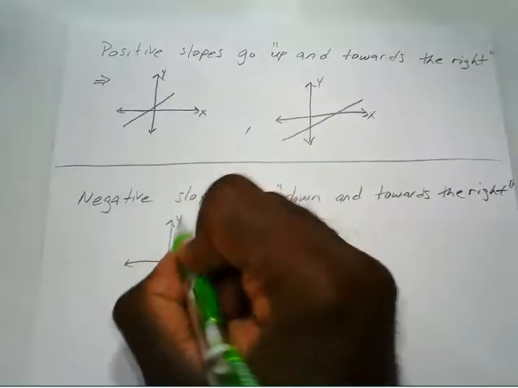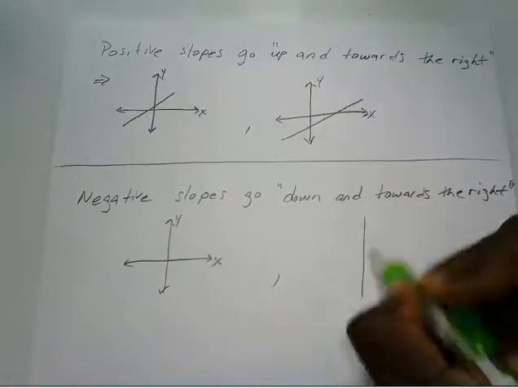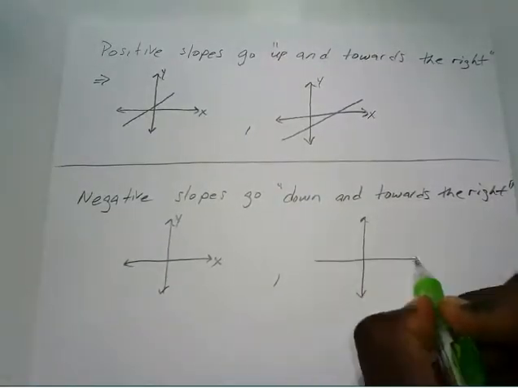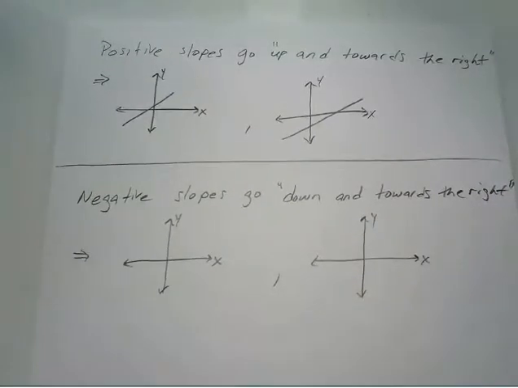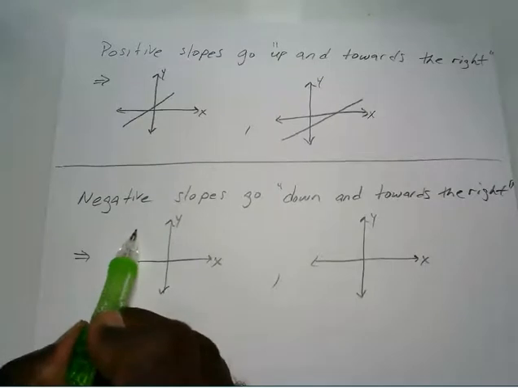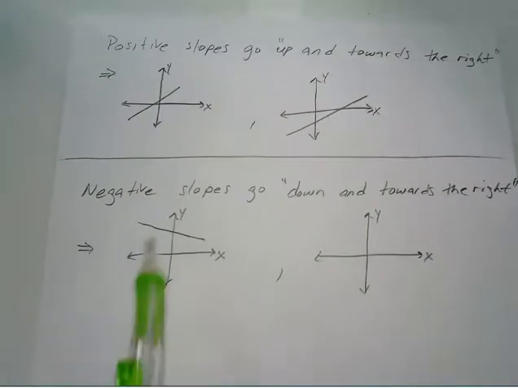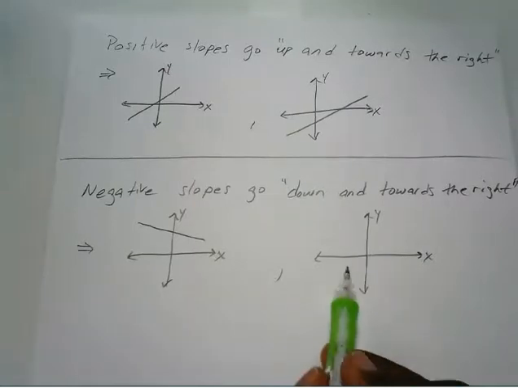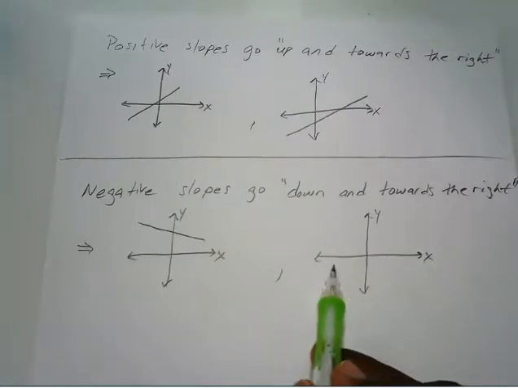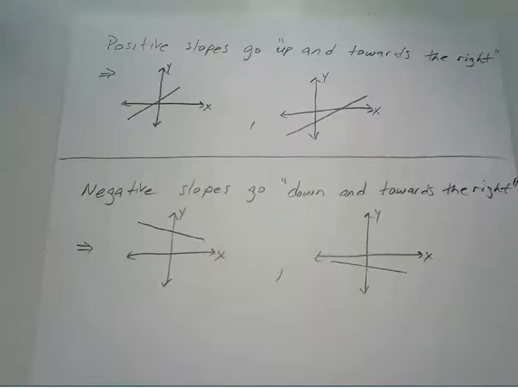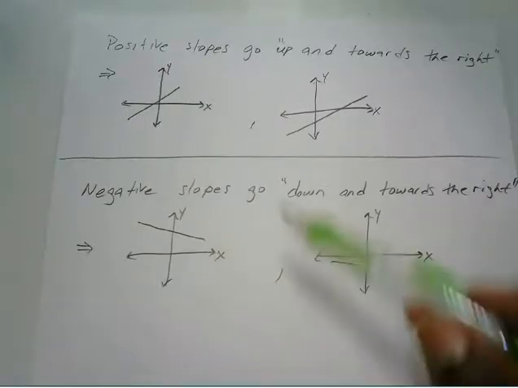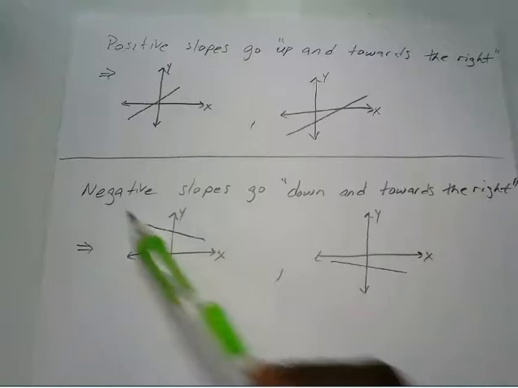You have your X and you have your Y. You have your X and Y. So that means this slope is negative because it's going down and to the right. And also this slope is negative because it's going down and to the right. Okay, so you have up to the right, down right, down right.